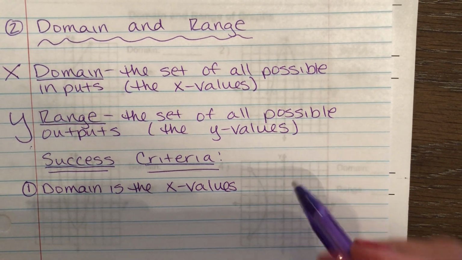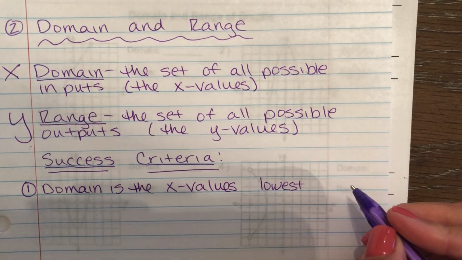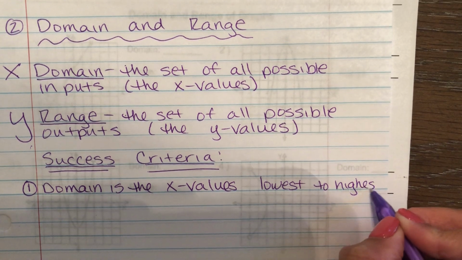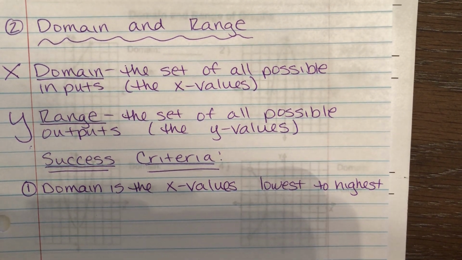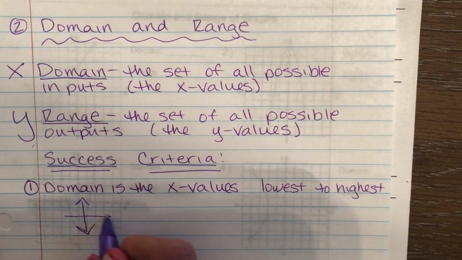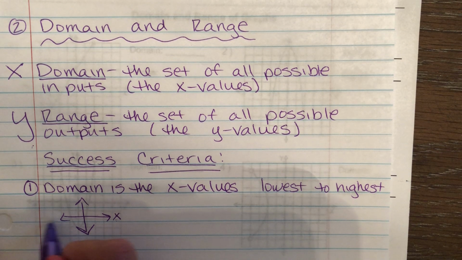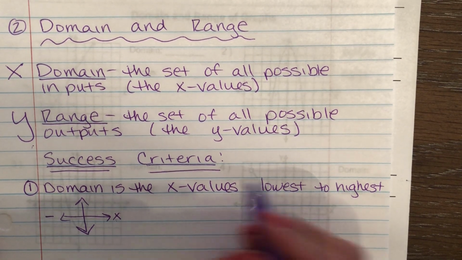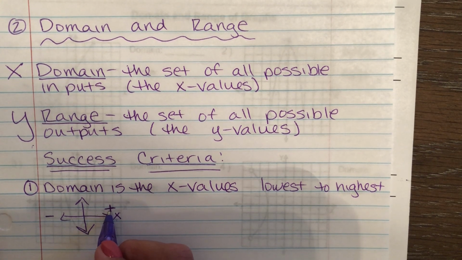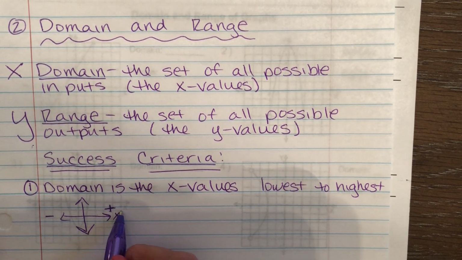So domain is the x values, lowest to highest, or least to greatest. And when you're looking on the x-axis, so here's our x-axis here, to the left is negative, and to the right of the origin is positive. So lowest to highest is going to go left to right.